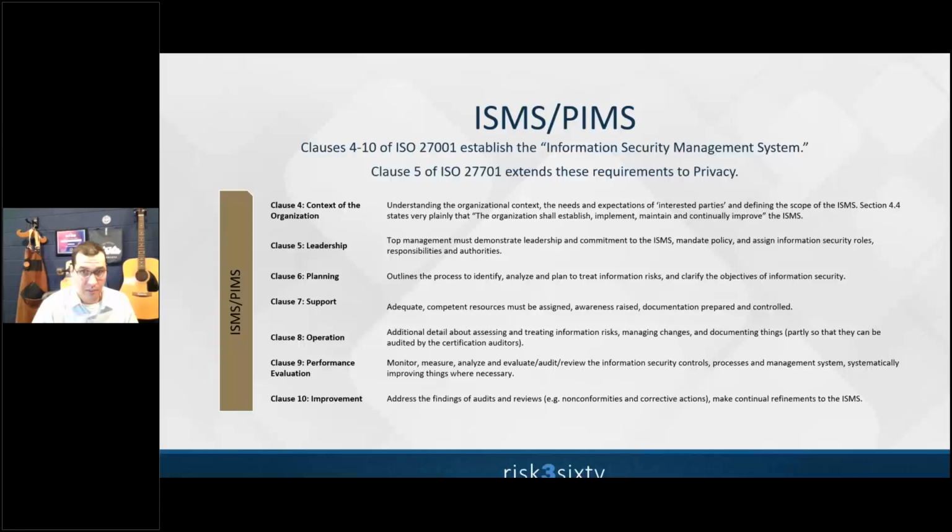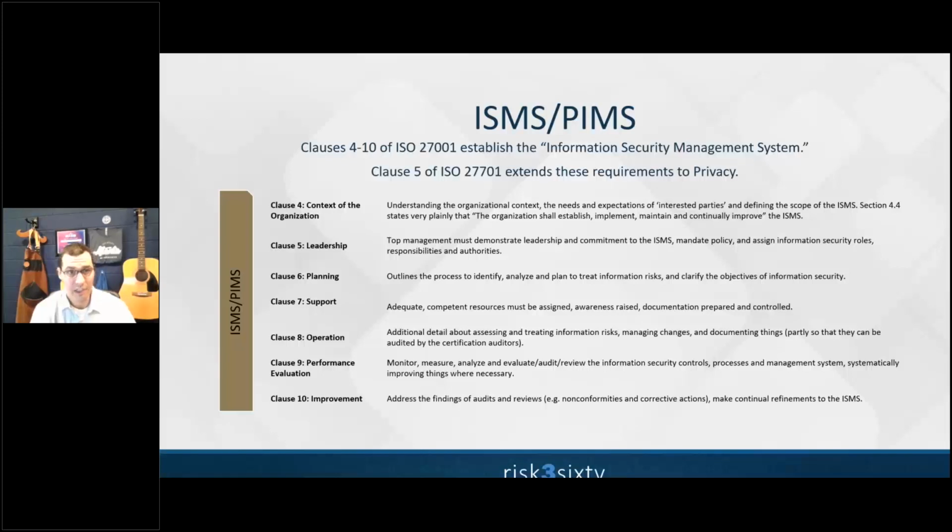Clause 7, which is support, is primarily about resources assigned to the program, their competence, and training required. It also gets into the documentation that supports the program and how the program is going to be communicated internally and externally.